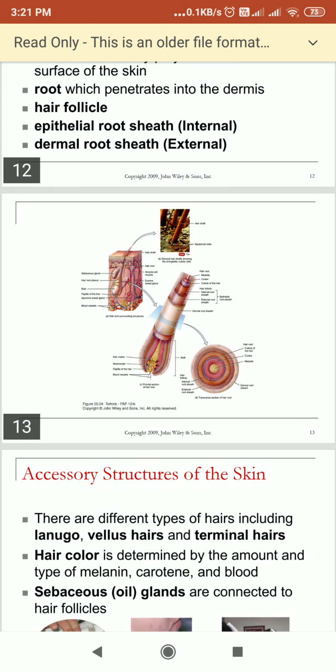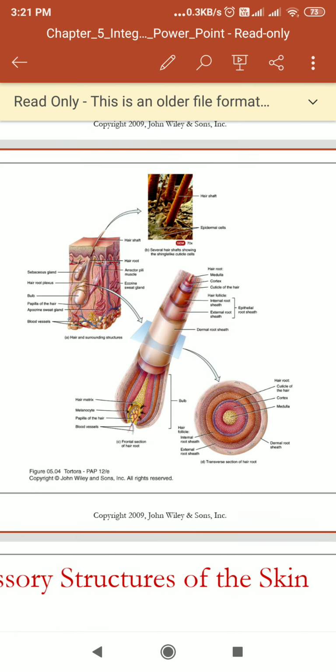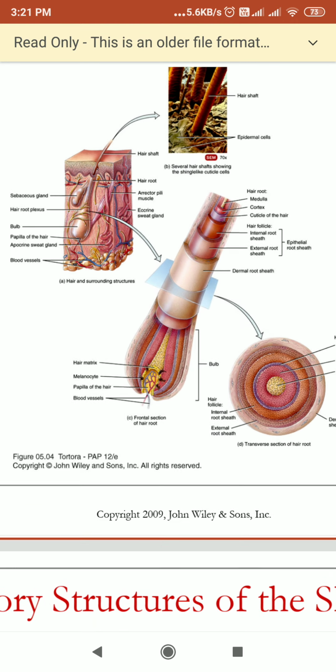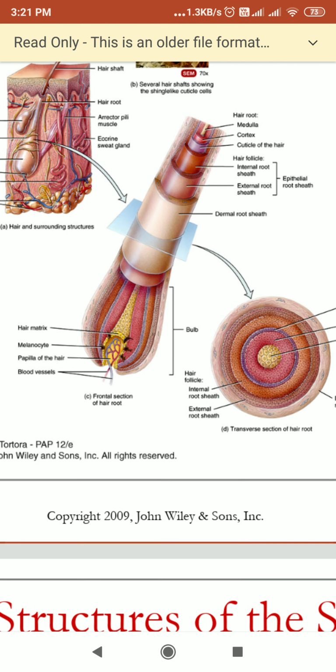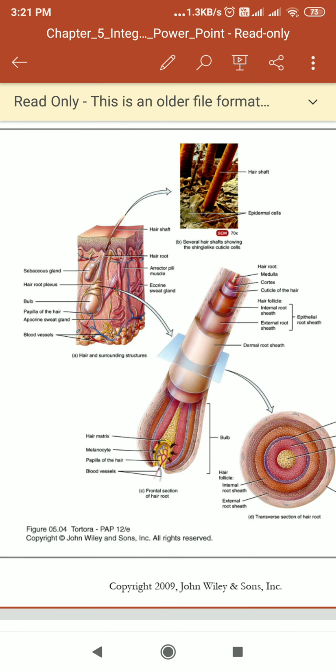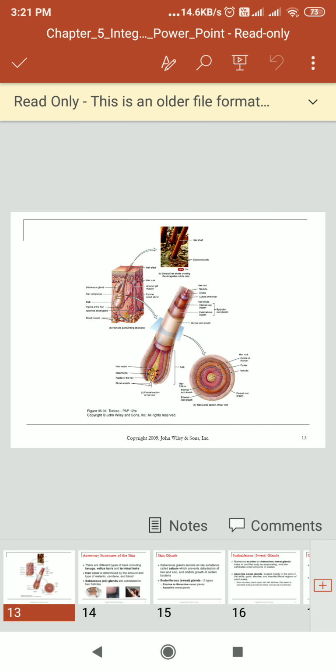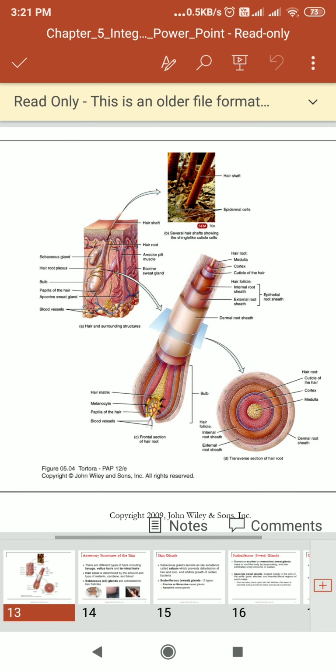Now you can see one transverse section of the hair roots. If you look at this root, it is very difficult to assess.